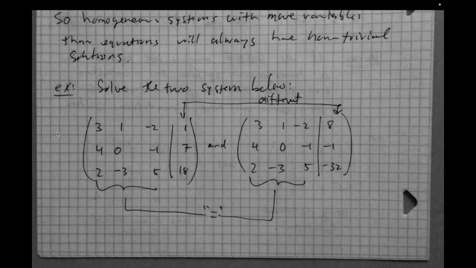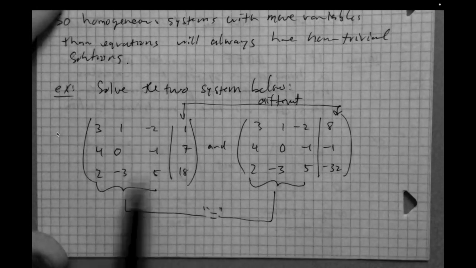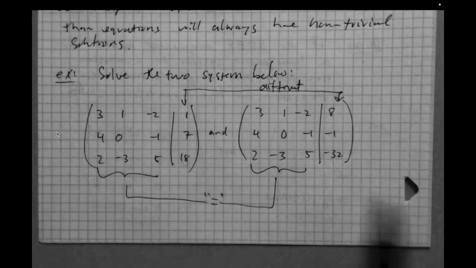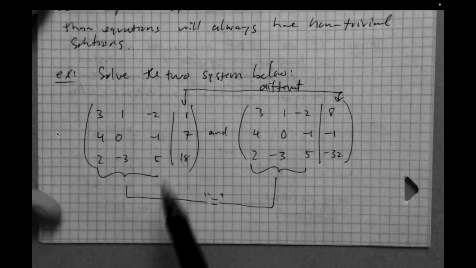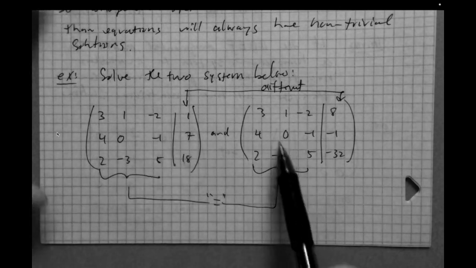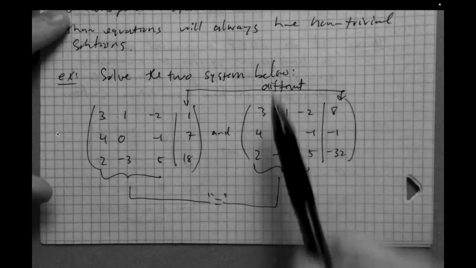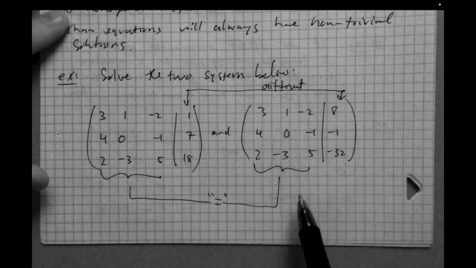Because they have the same matrix, we can take a shortcut in solving these two. It would be possible to do the row reduction on this one, get it down into RREF, identify the solution, and then separately do the same thing here to find a separate solution.